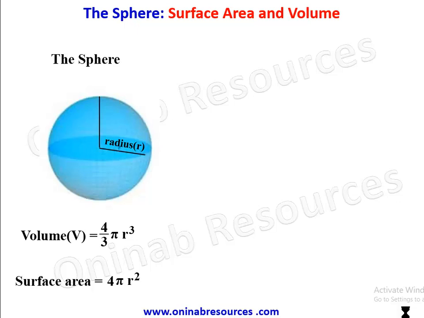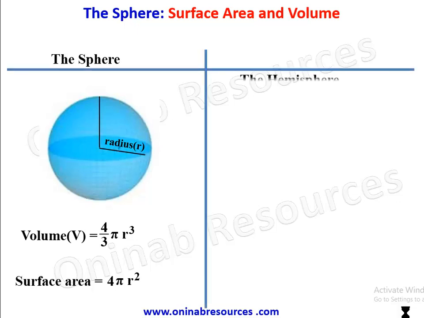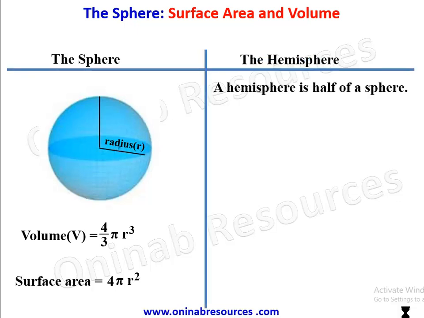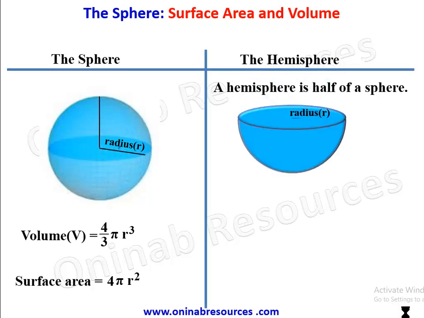And we cannot separate sphere and hemisphere, so we also look at the hemisphere. A hemisphere is half of a sphere, so we have it as radius r, so that the volume of this is half of the volume of the sphere, which is 2 over 3 pi r cubed.